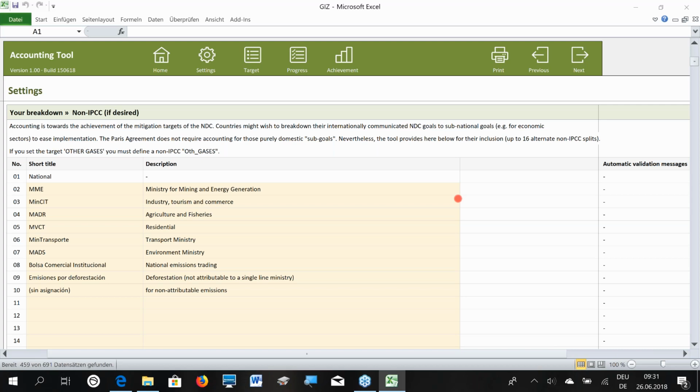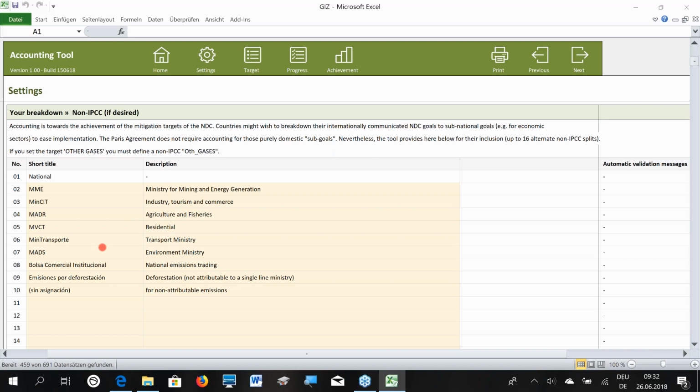So this is something that goes more in the direction of transparency, because it would allow to include any sub-NDC breakdown that is in line, for example, with the responsibilities for NDC implementation within your specific country.